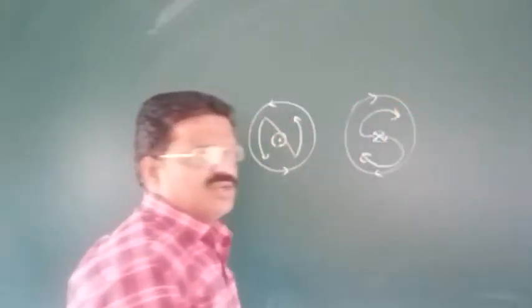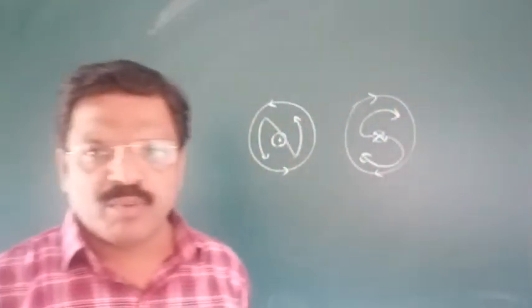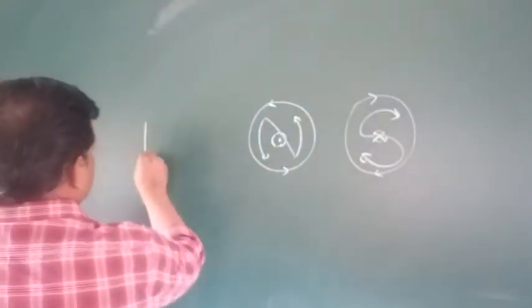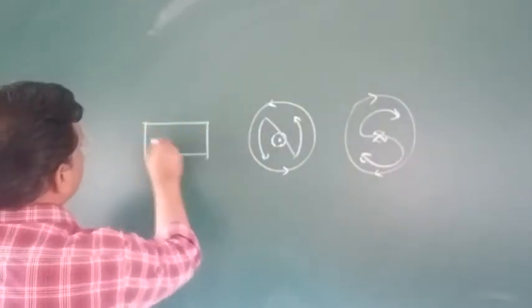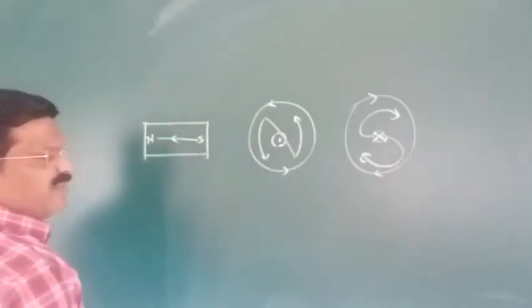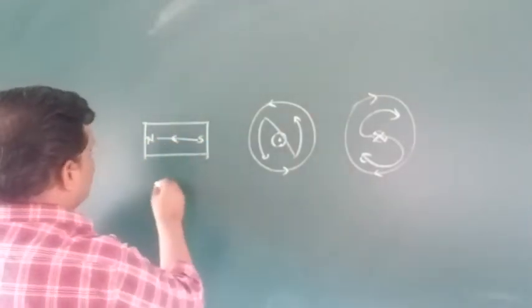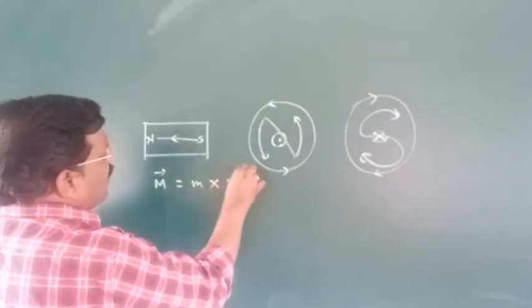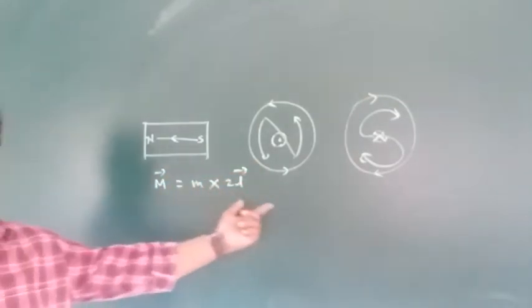The direction of magnetic dipole moment will be from S pole to N pole inside the magnet. Magnetic dipole moment is a vector quantity and we have defined it as m into 2l.